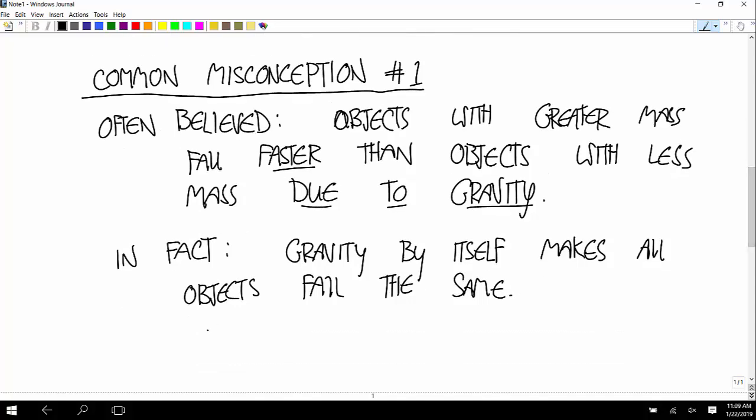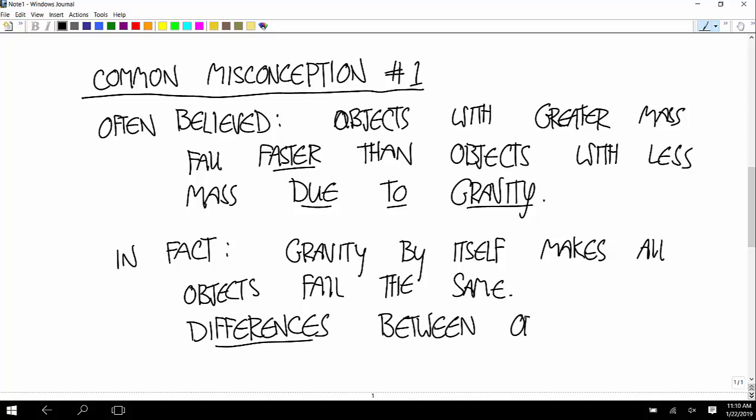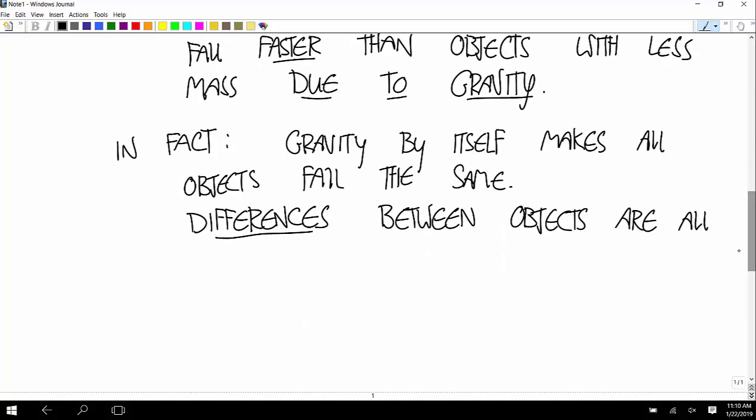Differences between objects are all due to air resistance. Okay, so if we could set up an experiment where there was no air resistance, that's the vacuum.